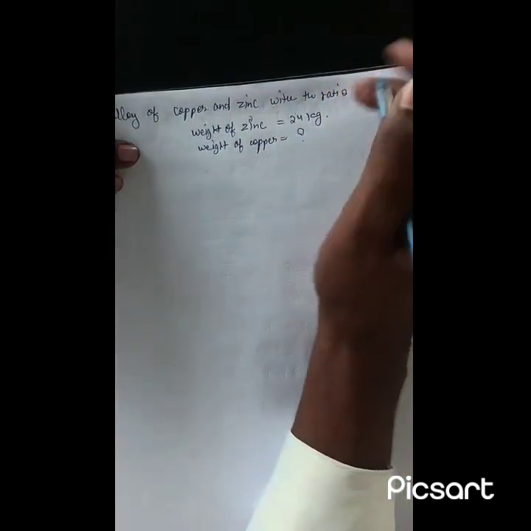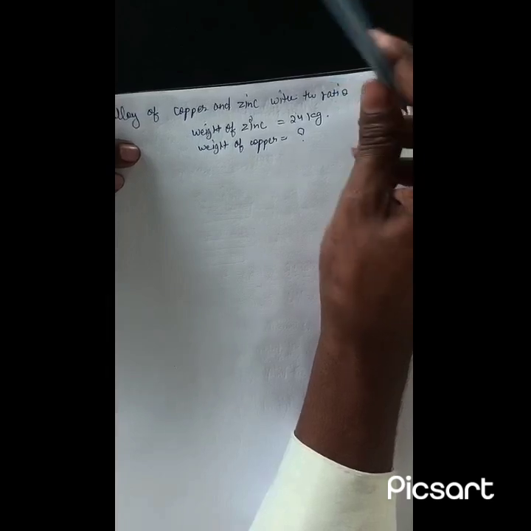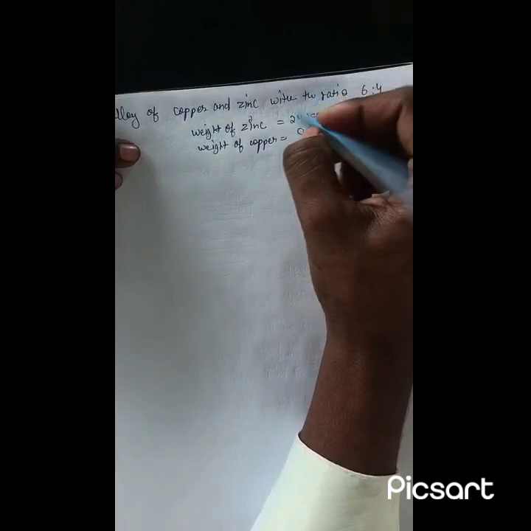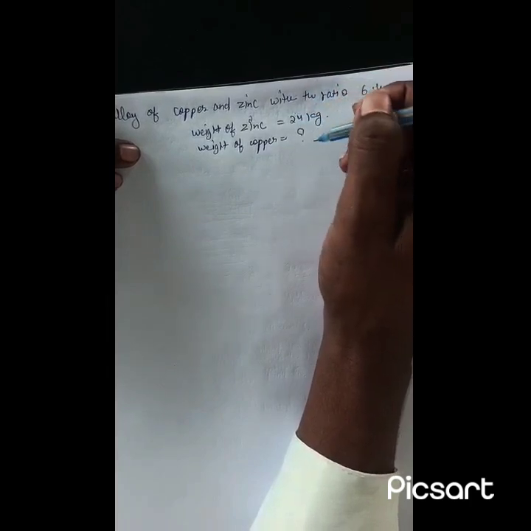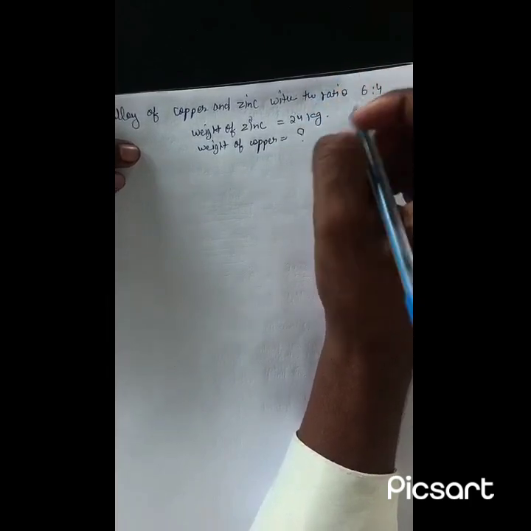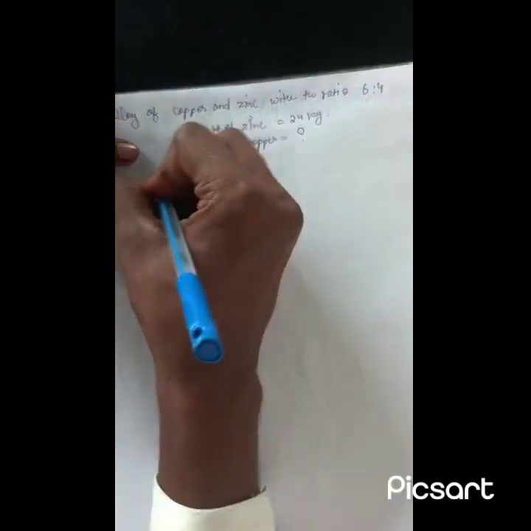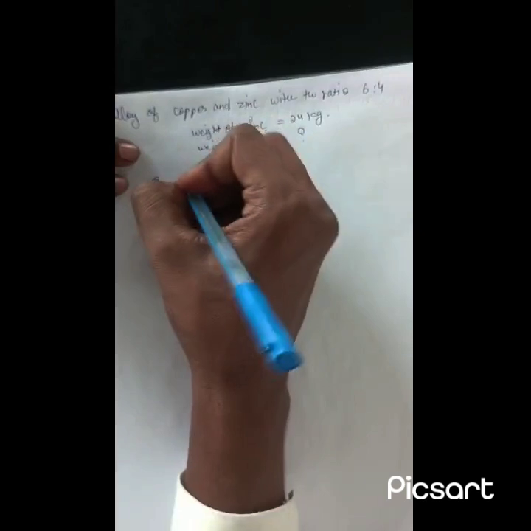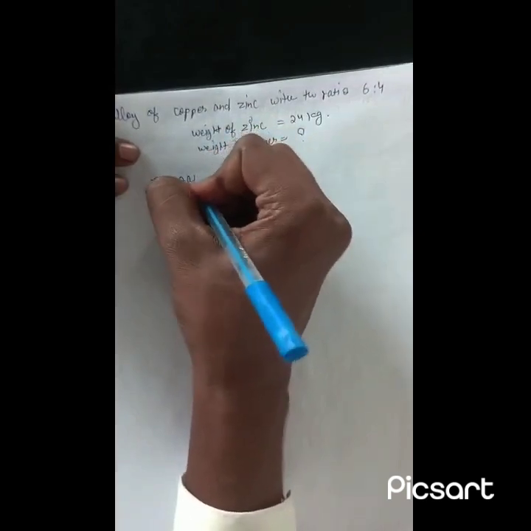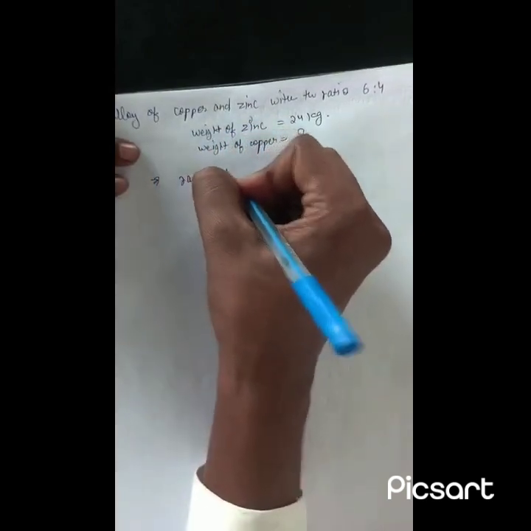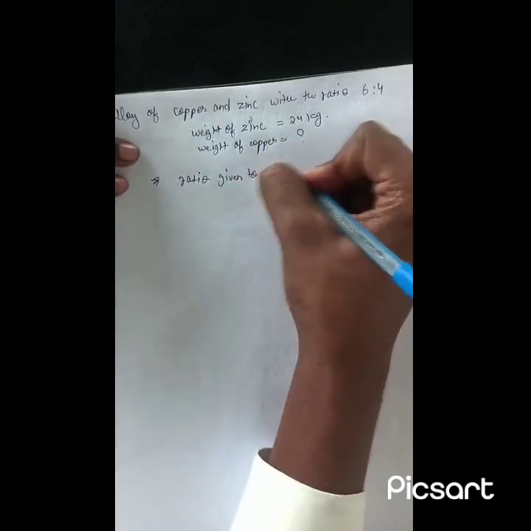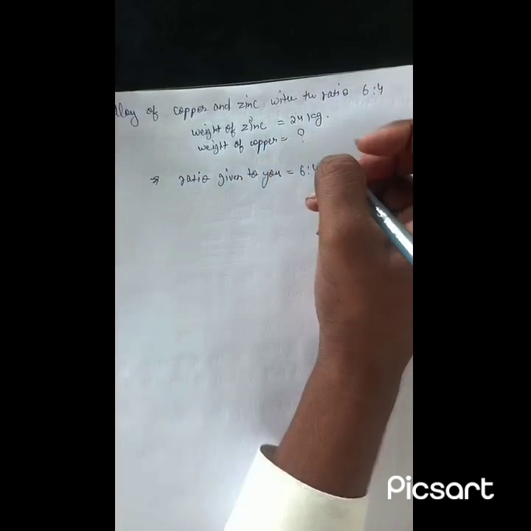You have been given the weight of zinc and you have to find the weight of copper. So the ratio given to you is 6 is to 4.